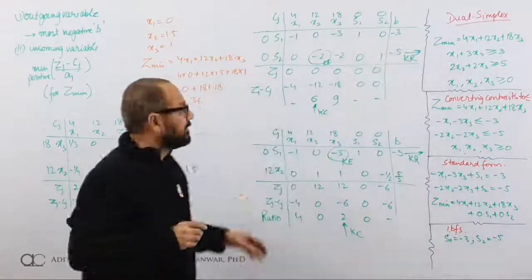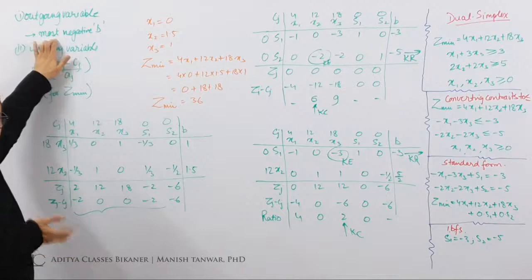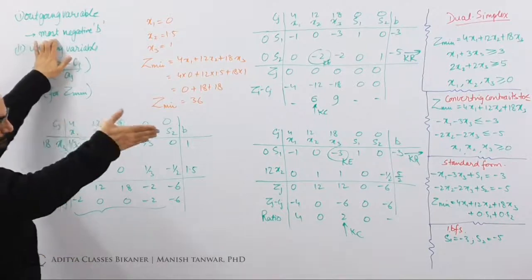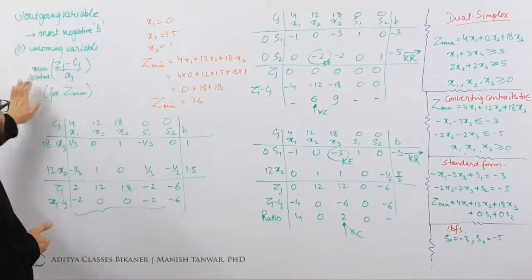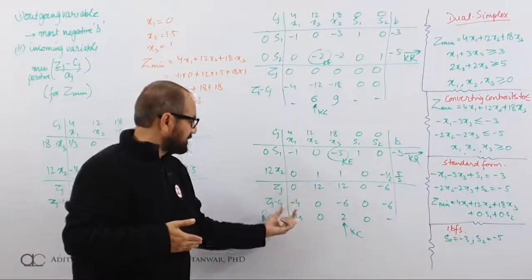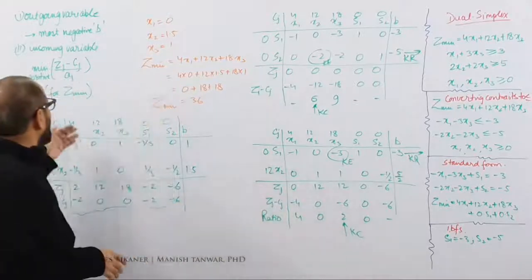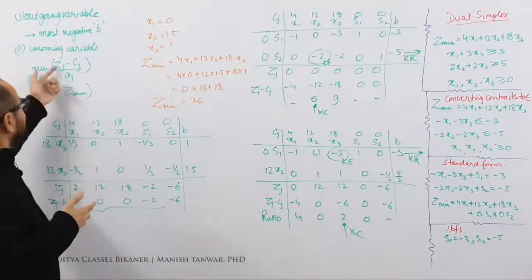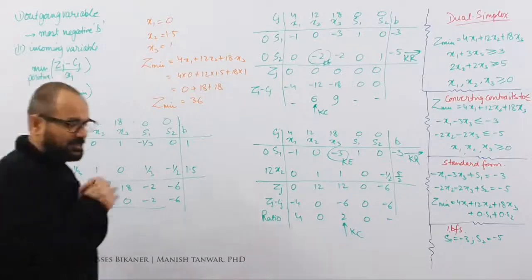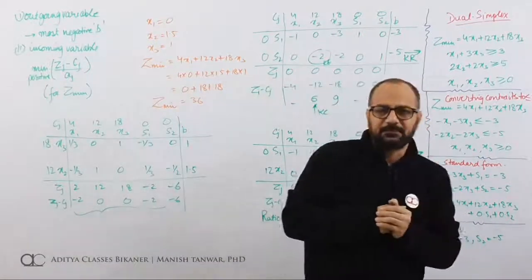Here it is different. We take most negative from the B and minimum positive from the ratio of Zj minus Cj upon respective Aj. Yes, if it is a maximization case, it becomes Cj minus Zj upon Aj. So this was a summary of the dual simplex method.